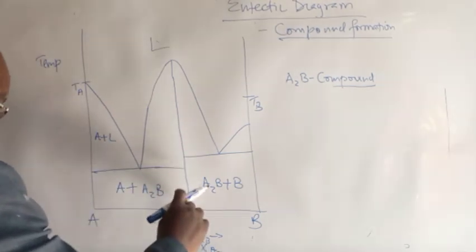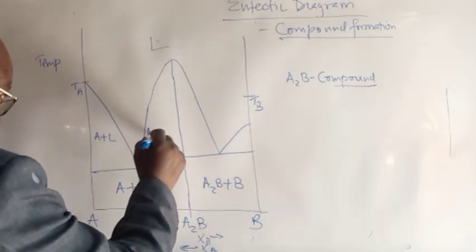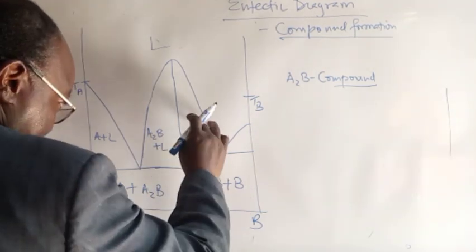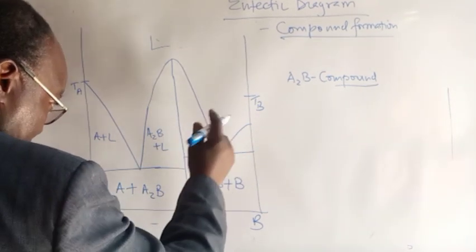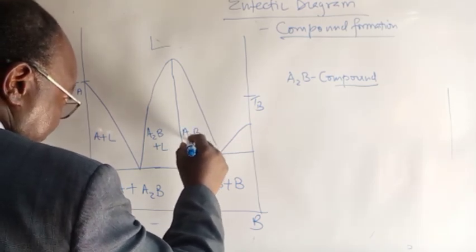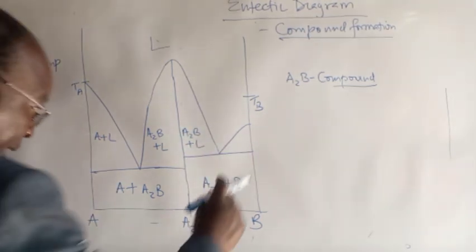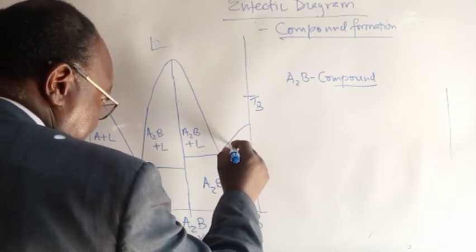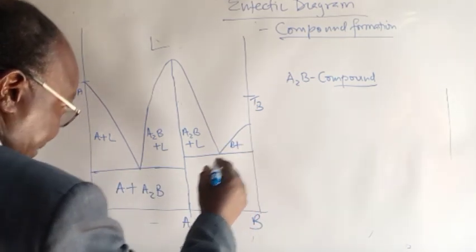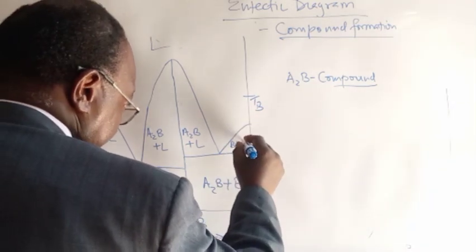Here we have AB plus liquid. And here we have again AB plus liquid and B plus liquid.